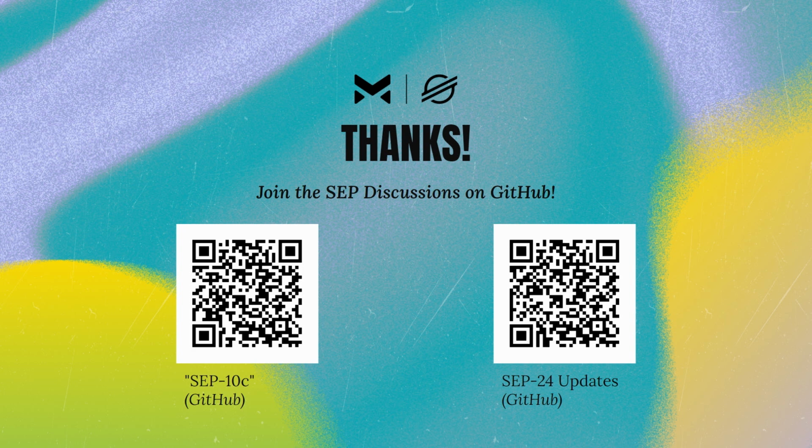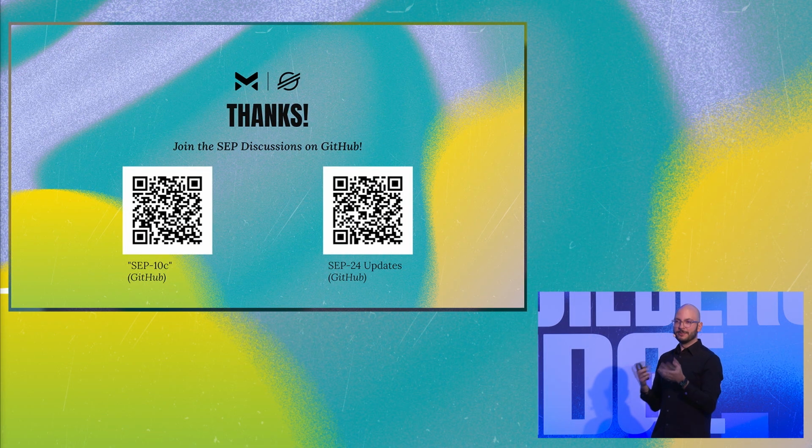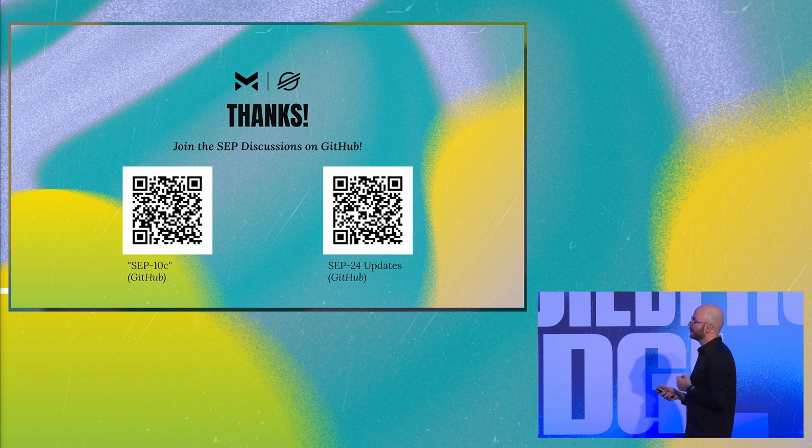We're trying to figure out what's the best name for that. But that is where the new SEP is defined for authentication, which is the meatier change that is required. For SEP 24, we also have a description of what needs to be updated, but this one is relatively simpler because it's just changing the destination to be a C address.